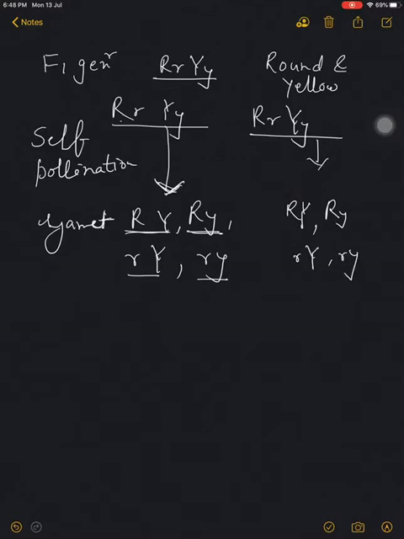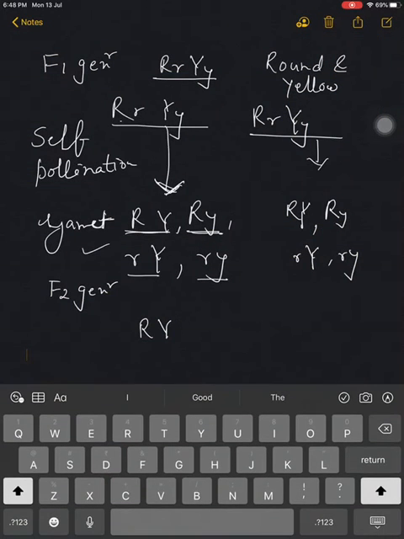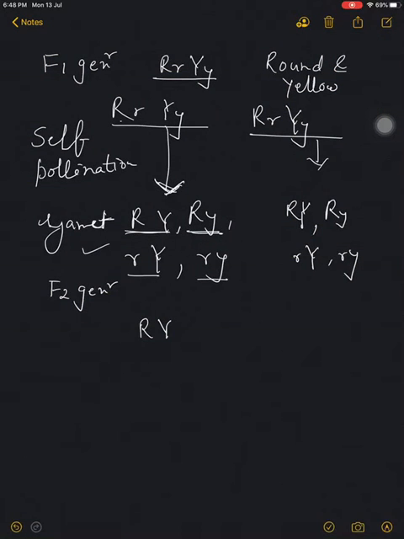So now how will we work out the F2 generation? For the F2 generation, again we have to make a checkerboard. On the top we write the first parent's gamete genotypic nature: capital R capital Y, capital R small y, small r capital Y, small r small y.